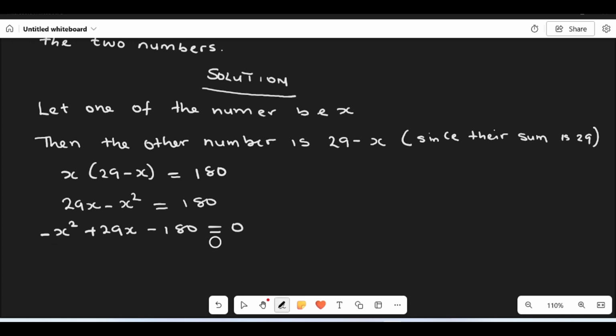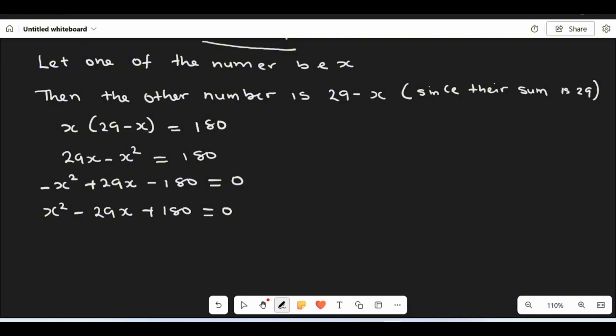Multiply through by minus 1. We are going to have x squared minus 29x plus 180 equal to 0. This equation can be written as x squared plus (minus 29x) plus 180 equal to 0.